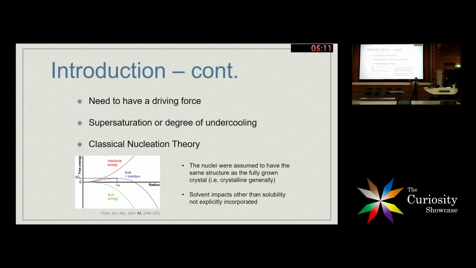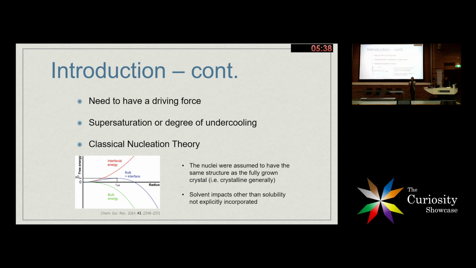The critical radius says that you've got these metastable clusters in solution. If you are a little bit bigger than that critical radius, then you can minimise your Gibbs free energy by nucleating and growing. If you are slightly smaller than that critical nucleus, then you can minimise your Gibbs free energy by becoming smaller and redissolving.